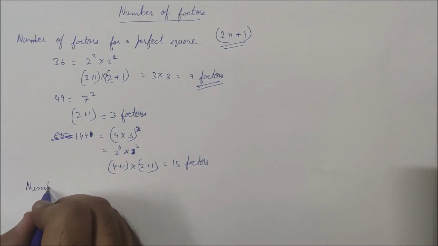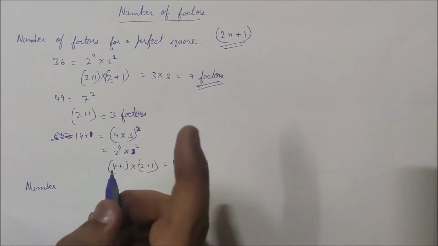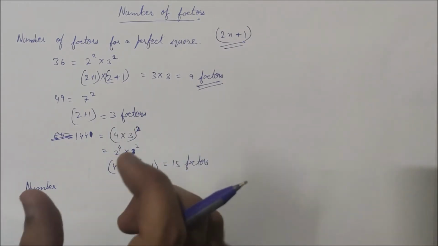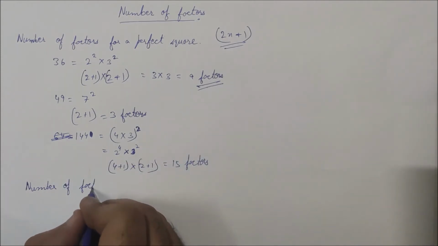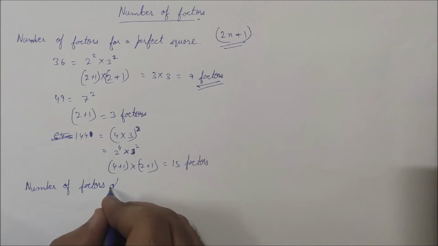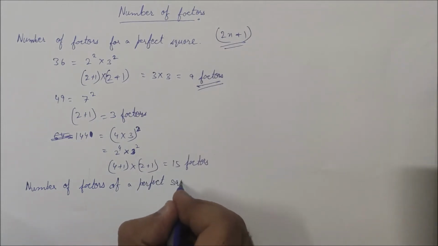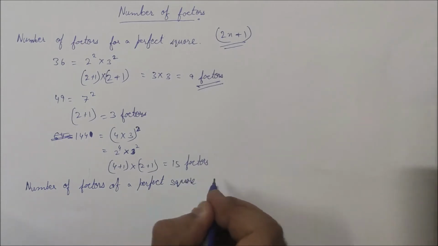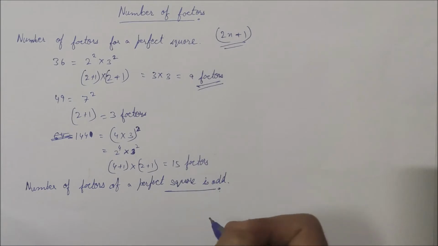So whenever we are given the number of factors as odd, the number itself has to be a perfect square, or in case it's a perfect square, the number of factors for that number is odd. The number of factors of a perfect square is odd. It has to be necessarily true always.